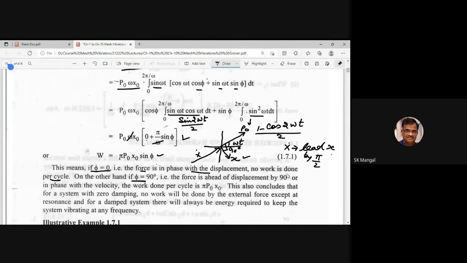Then in that case, the work done in a cycle is given by this equation, where it becomes 1 here.